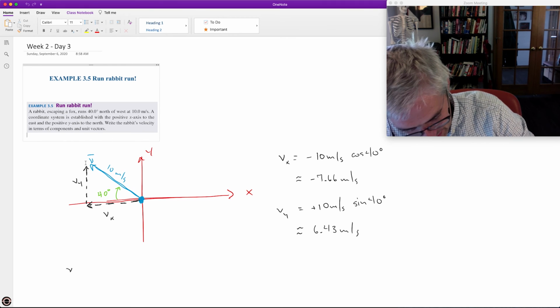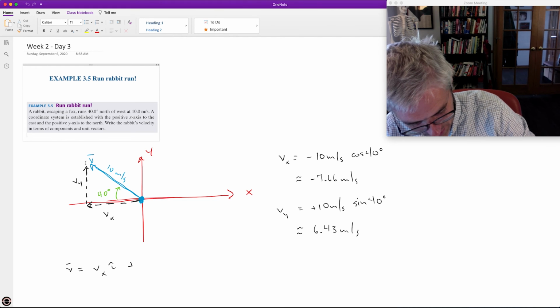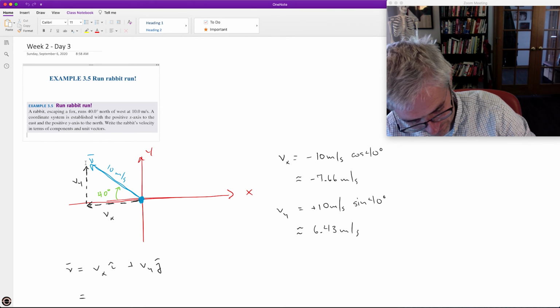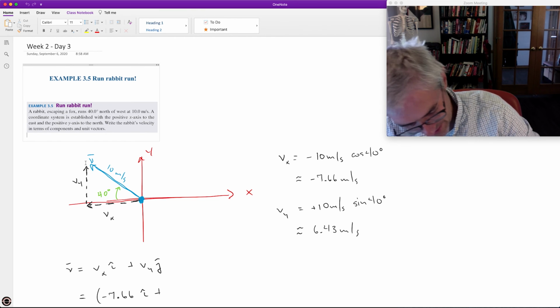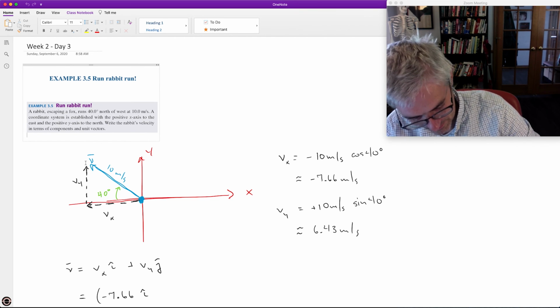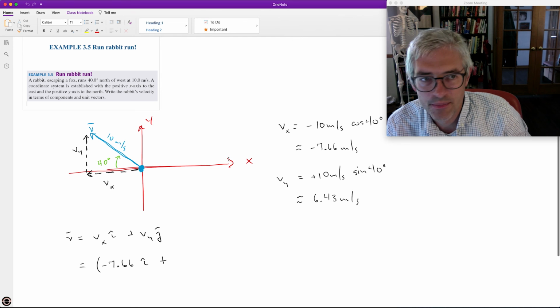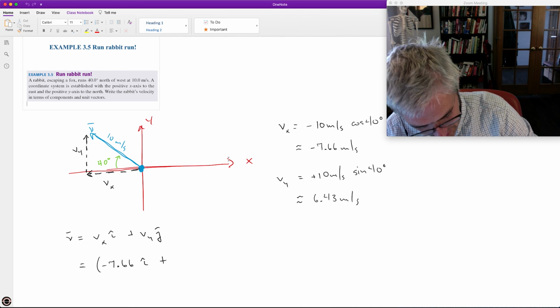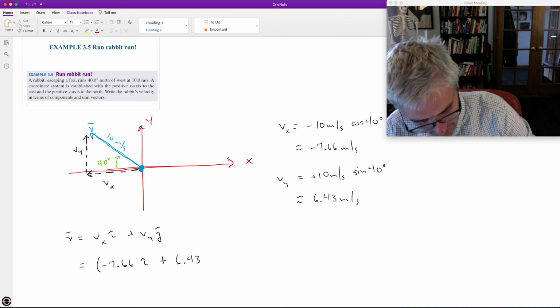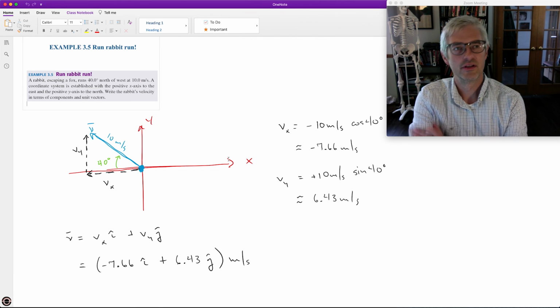So V is equal to Vx times i hat plus Vy times j hat, or negative 7.66 meters per second i hat plus 6.43 meters per second j hat, and then I'll group it all together. I'll just add my units off to the side, meters per second.